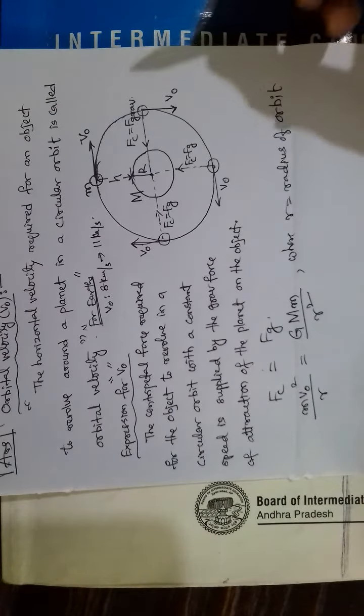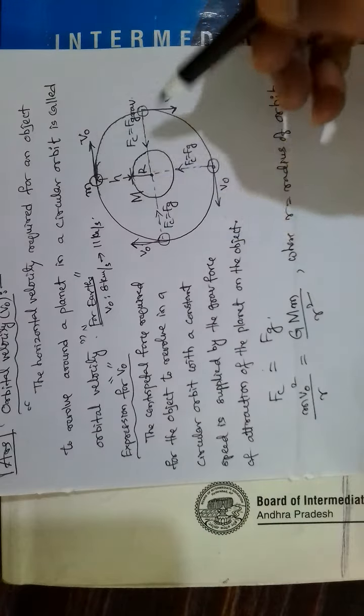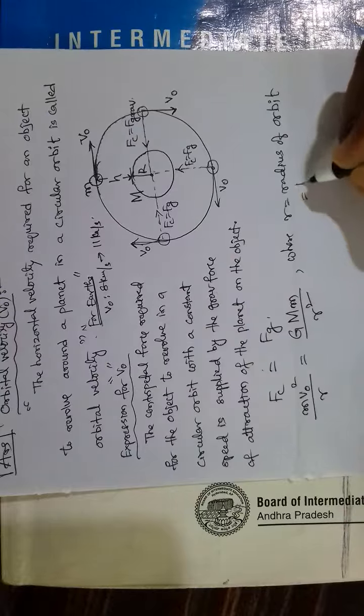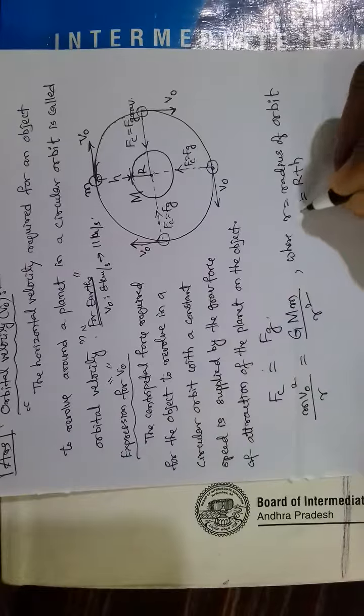That is the distance between Earth and the object. So from here to here is capital R, and from here to here is h. So small r is equal to R plus h.